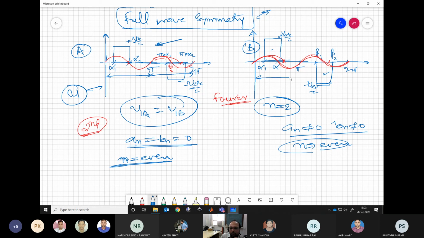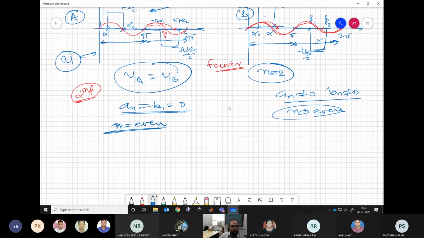What symmetry we are maintaining in waveform A is we are inverting whatever is there in the positive half cycle. So whatever wave shape or wave pattern we have in this positive half, we have exactly inverted in the negative half.